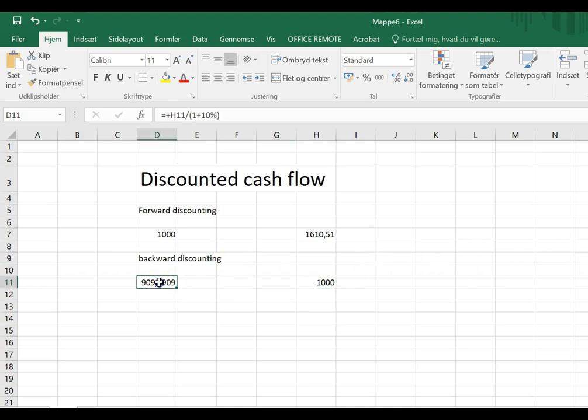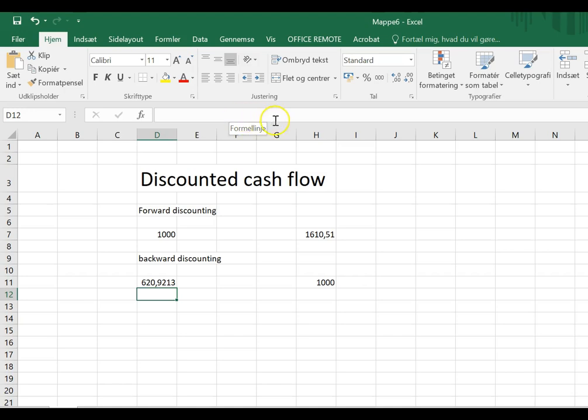And then I can go back and say, well, I have now to divide 5 times. Or again, I could put it to the power of 5 like this. So I divide 5 times. And this is only 620 I have to deposit.